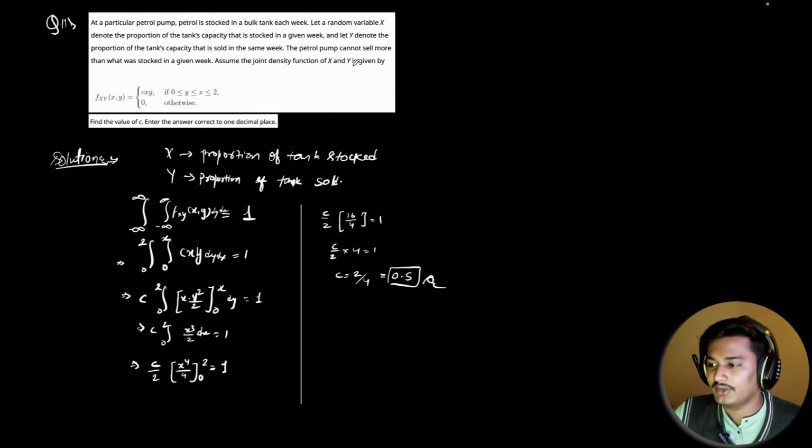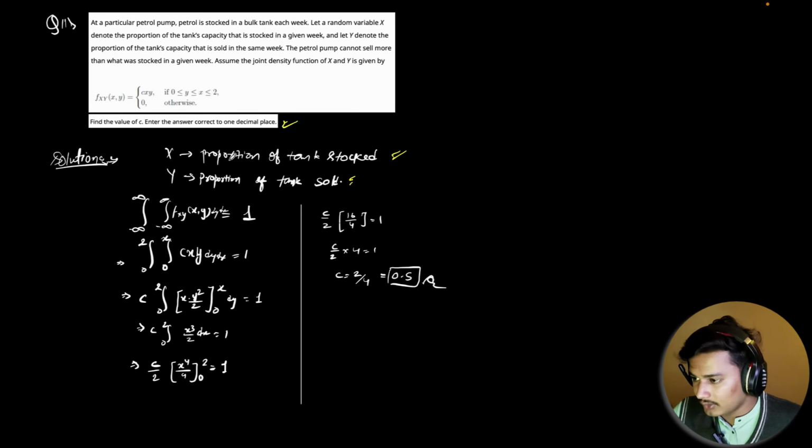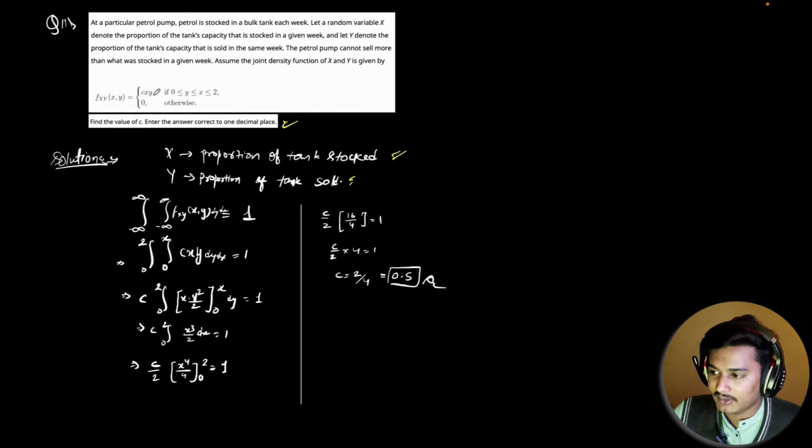Assume the joint density is given as this. So here you can see the range is 0 less than y, and y less than or equal to x, x less than or equal to 2. And it asks what is the value of c. So x is the proportion stocked, and y is the proportion sold.